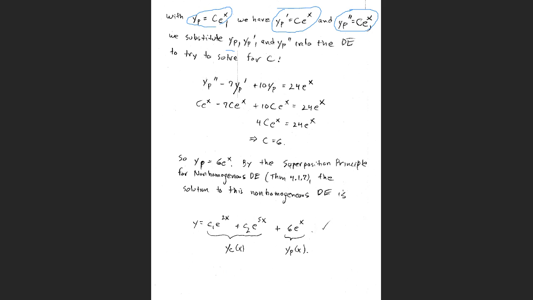We're going to substitute the particular solution and the two derivatives into the differential equation to try to solve for c. That's outlined here. Let me give you a moment to catch up. Let me know if you have any questions.